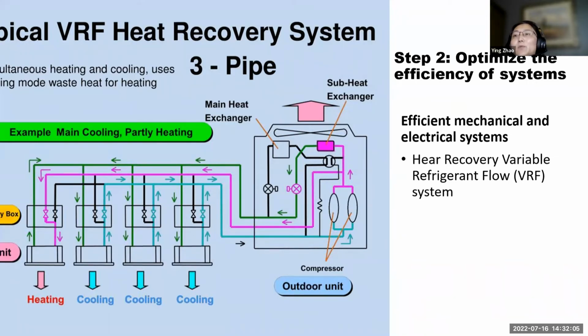For example, in the perimeter zone you want heating, and the internal zone wants cooling. In this case, they can recover some of the heat rejected from the cooling and use that heat for the zone that needs heating. So that's how it is more efficient. It typically has better efficiency than the typical air conditioner.